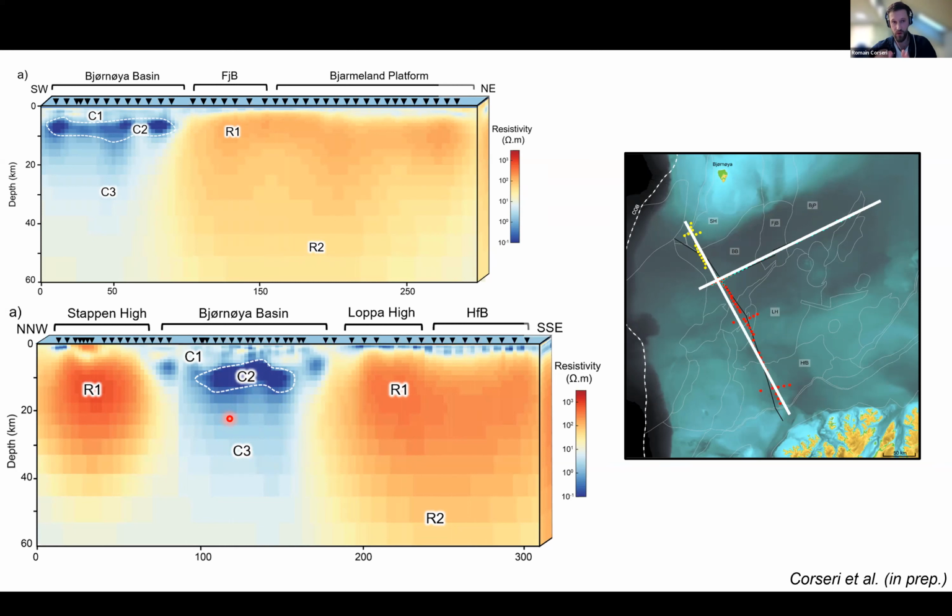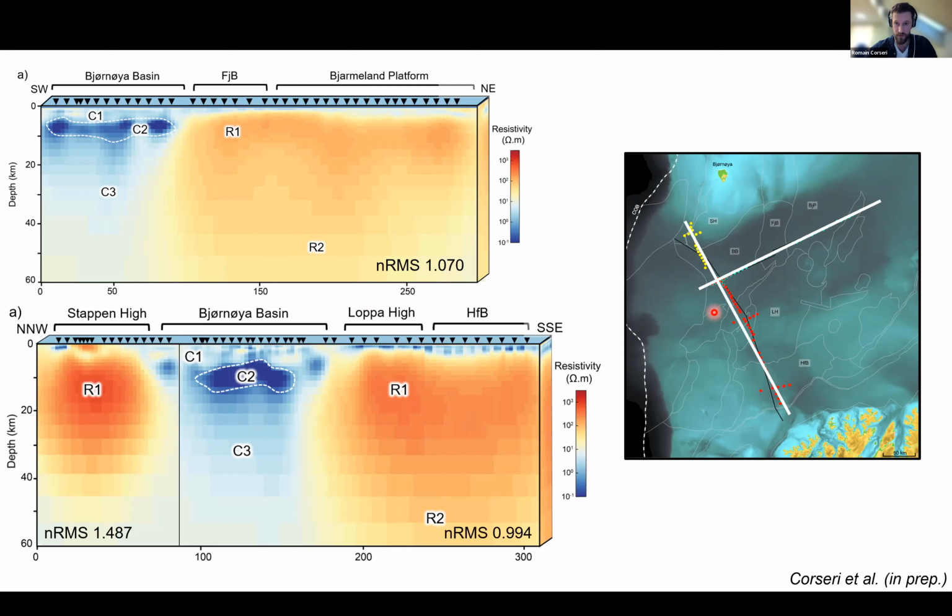This is the most important result of the inversion, which has reached quite a low misfit. You can see on top 1.07. On the Stappen high, it's a bit higher, probably because of the proximity of the bathymetric slopes, 1.4.